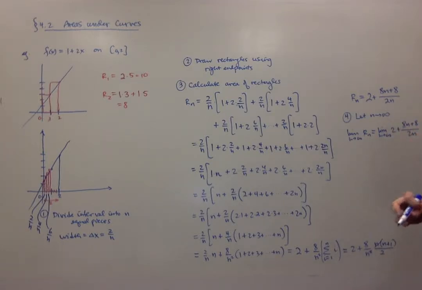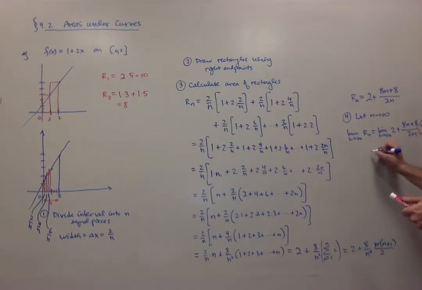Now the limit of 2 is just 2, so that 2 is just going to stay there. But the 8n plus 8 over 2n, since I have a fraction there, I'm going to divide the top and bottom by the highest power of n, which is n.